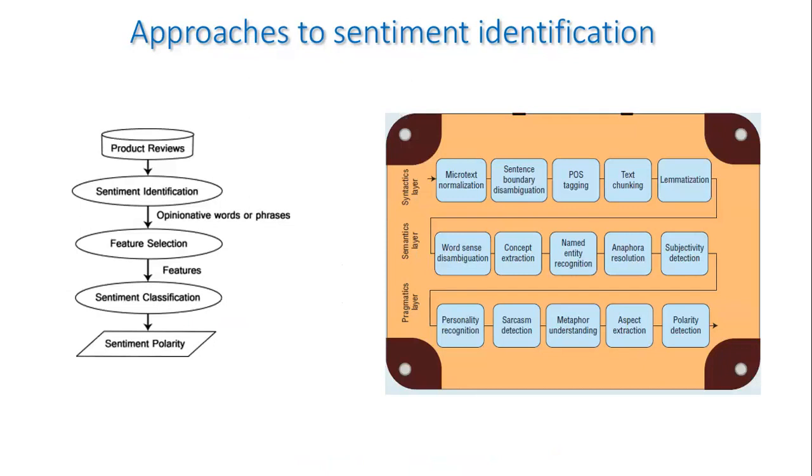And of course, you've got to do your feature selection. You could do tokenizing, part of speech tagging, lemmatization, stemming, and things like that. I'm sure you are already aware of some of these things. And then at the end, you have the sentiment polarity classifier. Okay, so that's the simple process.